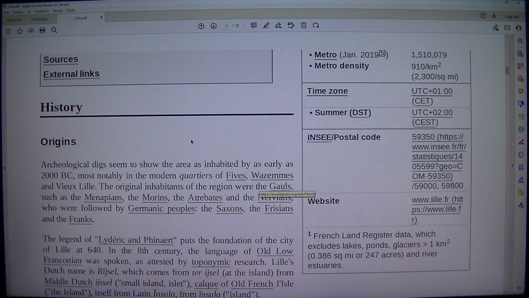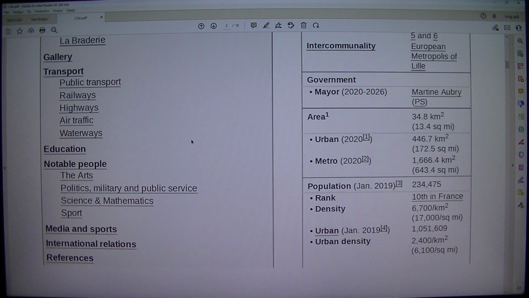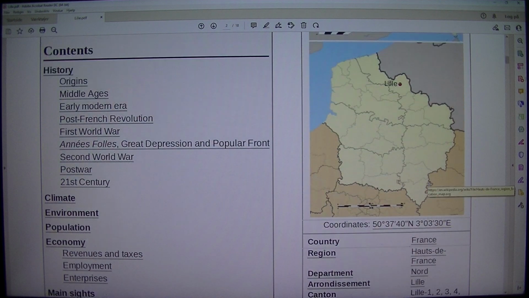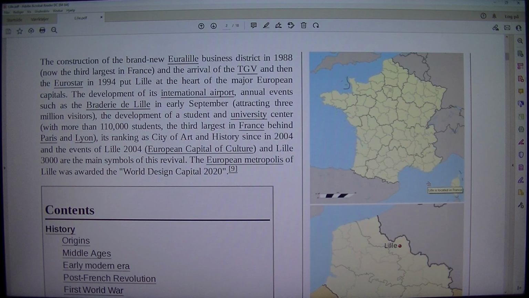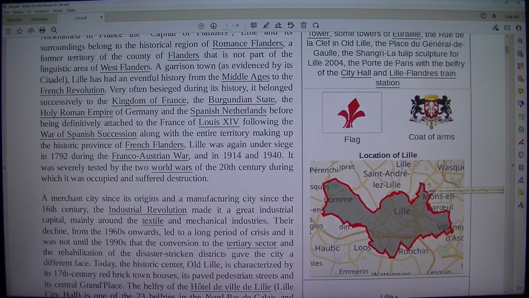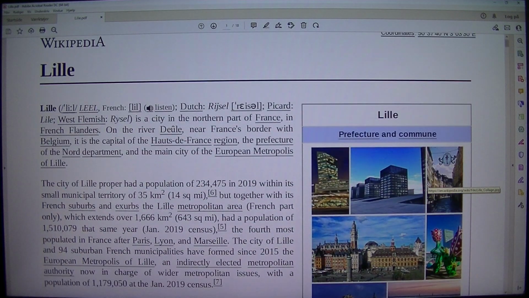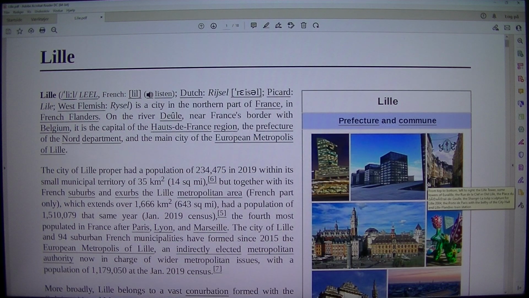International relations. References. Metro, January 2019: 1,510,079, metro density 910/km², 2,300 per square mi. Time zone UTC+01:00, CET; summer DST, UTC+02:00, CEST. INSEE/postal code 59350/59000, 59800.